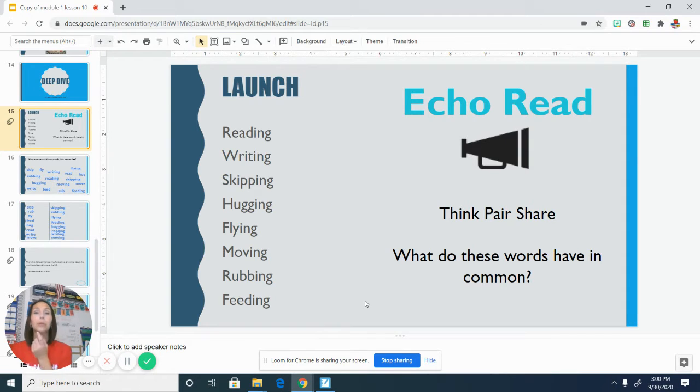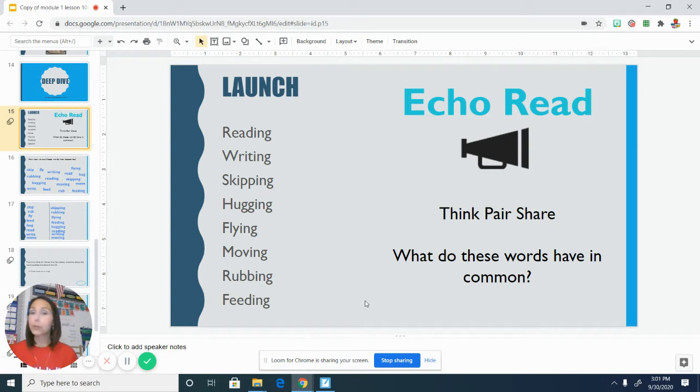What did you notice about those words? You may have noticed two things. You may have noticed that these are all action words. Give a thumbs up if you notice these were all action words, right? And what are action words called again? We learned from Miss Taylor, right? Verbs. Action words are called verbs.